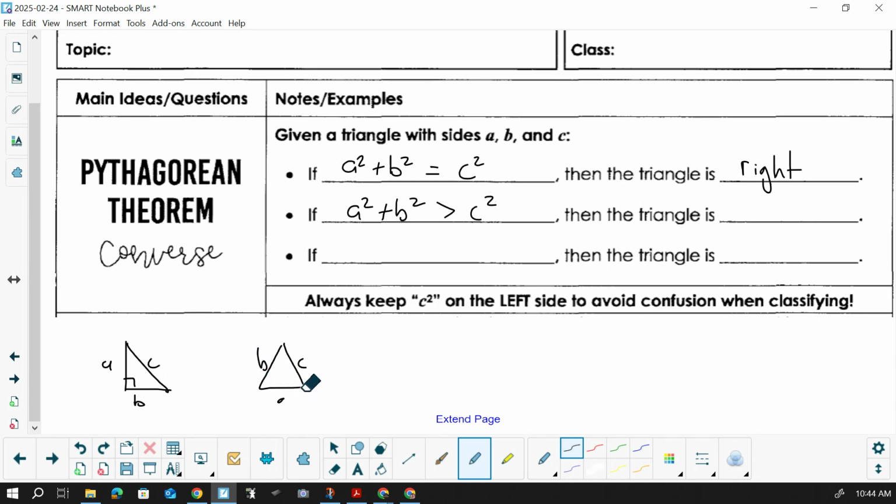If the a squared and the b squared were too big, making the c not quite big enough, that would make this an acute triangle. But if the c is a lot bigger, it's going to be an obtuse triangle.